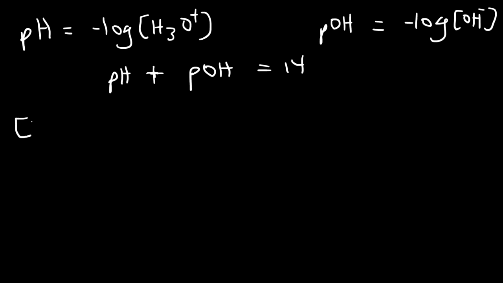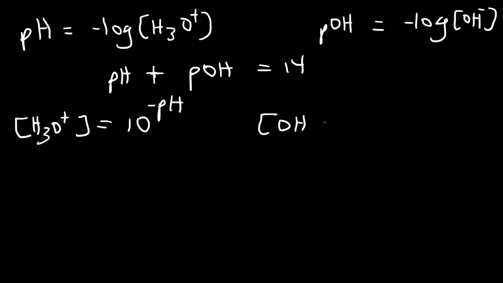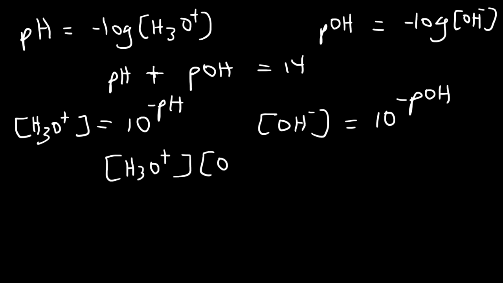Now if you need to calculate H plus or H3O plus, it's simply 10 to the negative pH. Likewise, the hydroxide ion concentration is 10 to the negative pOH. And H3O plus multiplied by OH minus is equal to 1 times 10 to the negative 14.